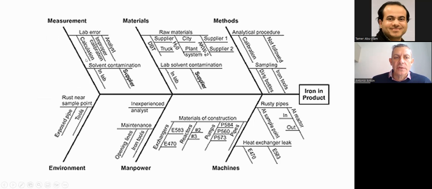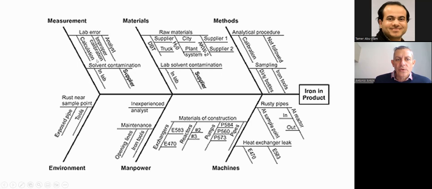For instance, in measure, a sub-cause is the lab error. However, calibration is in other areas. For instance, and here calibration as well. So this is something very, very important to understand, that is sub-causes, the calibration in methods and calibration here as well.